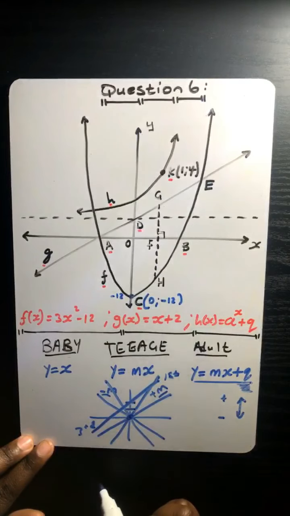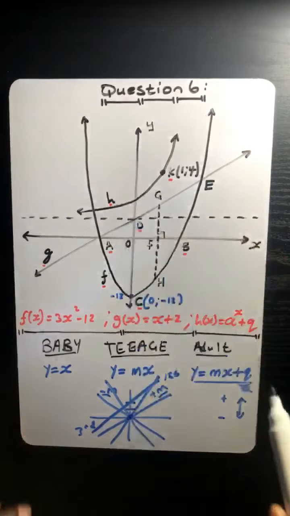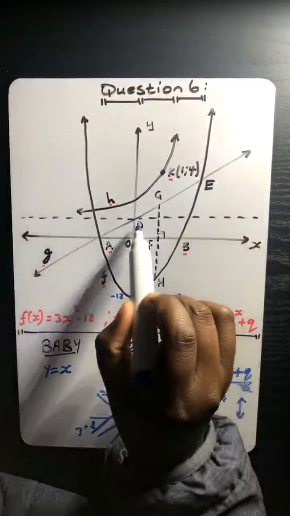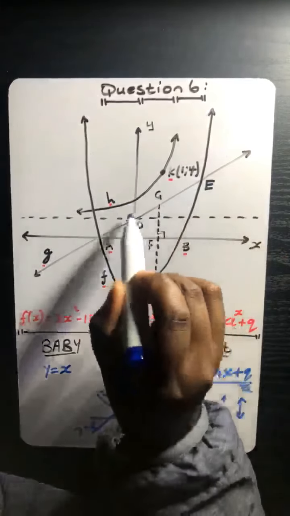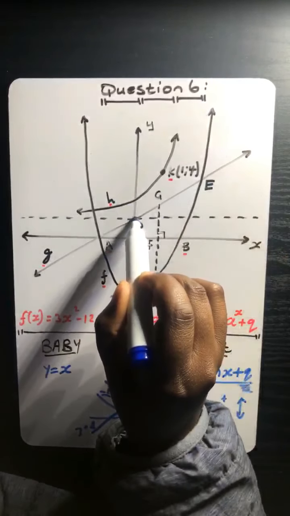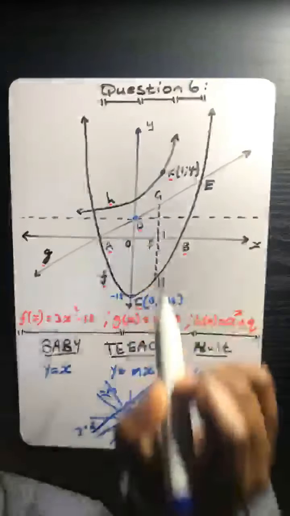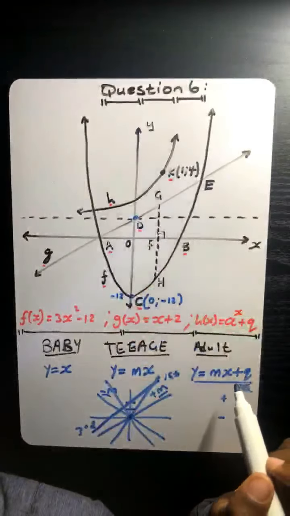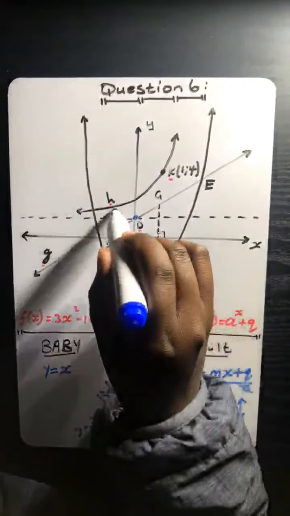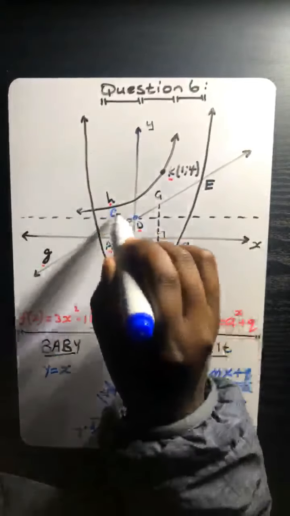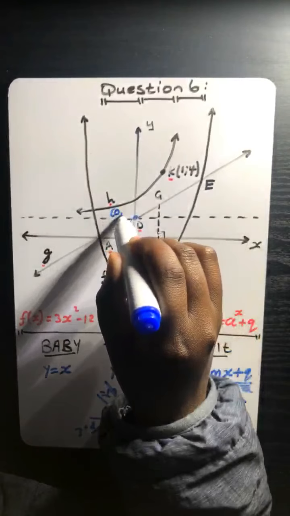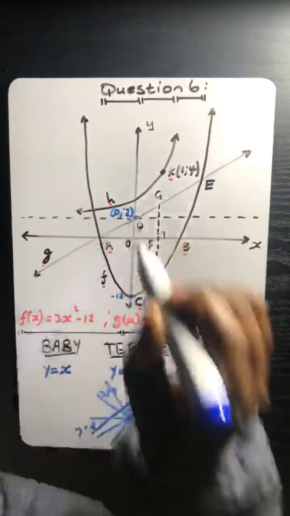So can you guys see that already we can say our D there, that point over there, ladies and gentlemen, it is actually 2. So that means this is a point where X is 0 and then y is 2.